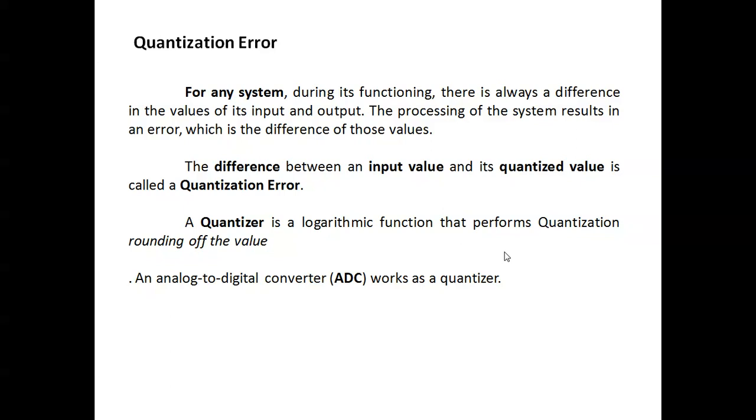The quantizer performs rounding off of the value.